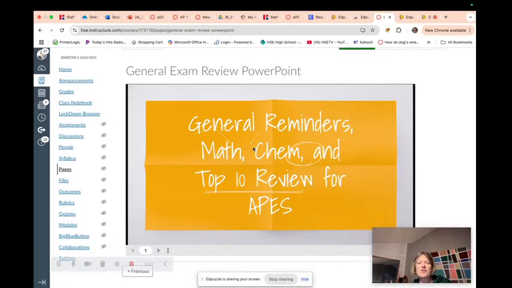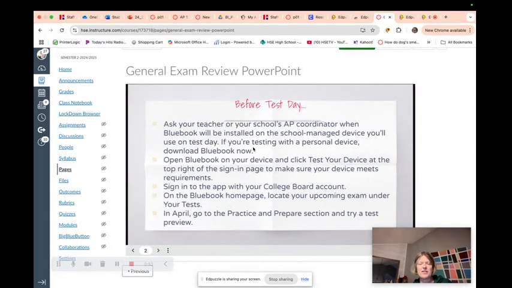So for the first thing that I want to start with before we actually get into the math, I want to make sure that Blue Book is installed on your device. It should be. Juniors, you just took the SAT using Blue Book, so my juniors should be good. Seniors, make sure that you still have Blue Book on your device. If not, you'll want to download that.